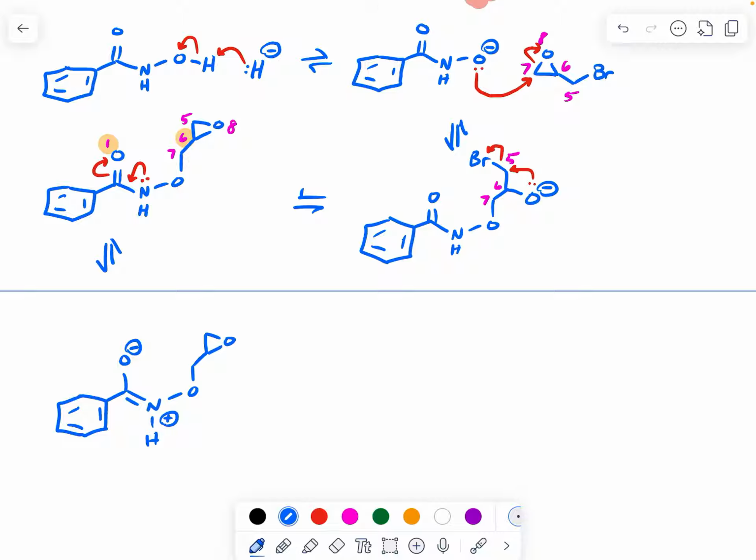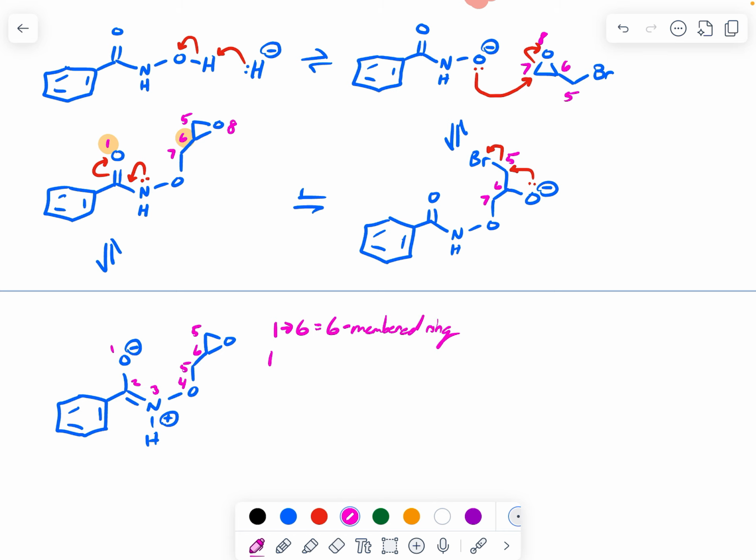One of the other things that you'll notice here is that if we're connecting 1 to 6, one of the problems that we're going to see is that why wouldn't we connect 1 to 5? Well, notice in this case, if this is 1, 2, 3, 4, 5, and 6, for 1 to connect to 6, that would give us a 6-membered ring.